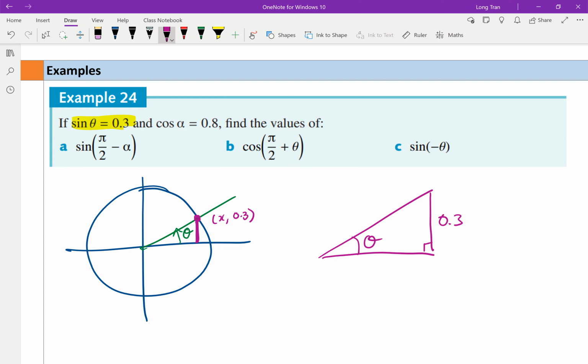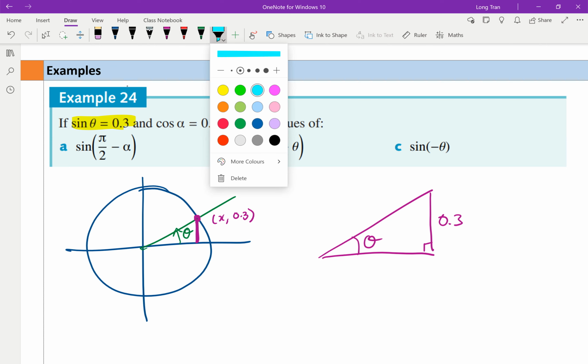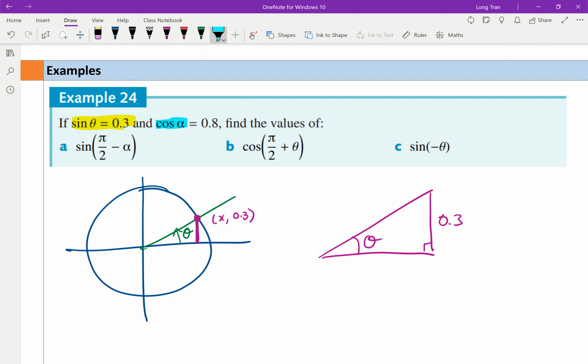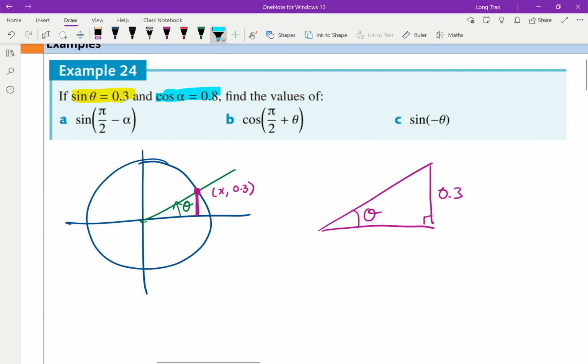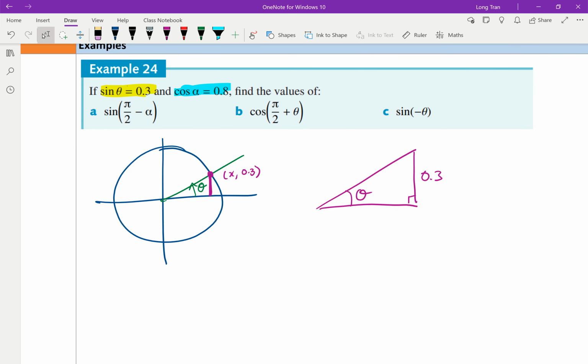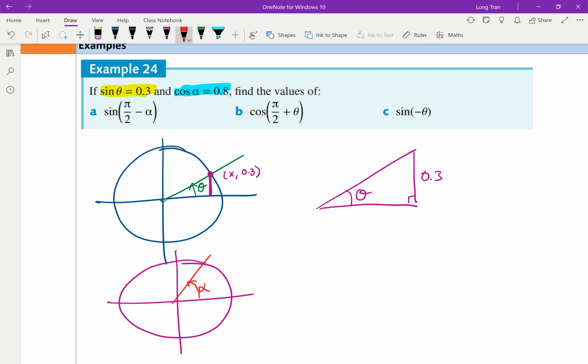Now, they give you another one and they say, well, what about if I told you cos of a different angle called alpha is equal to 0.8? All they're trying to say here again is the same thing. In my mind, I'm just picturing a unit circle. There's an angle alpha that I don't know what it looks like, so let's just draw it up like this instead. That's my alpha. All I'm saying is at this point right there, I'll do it in green.